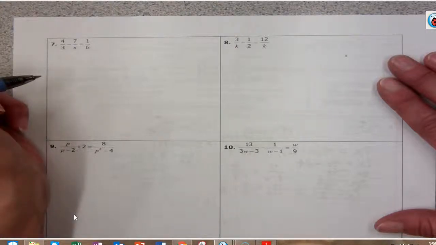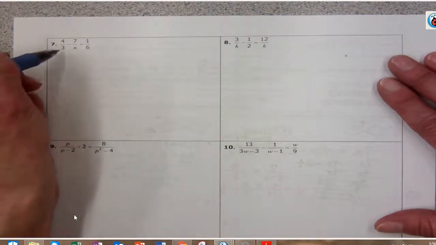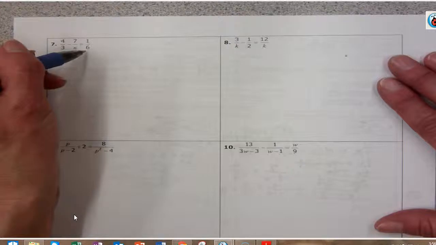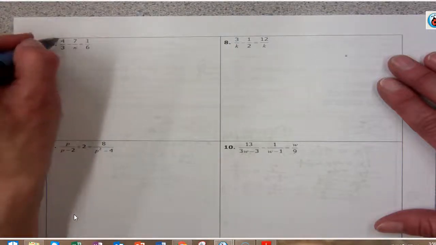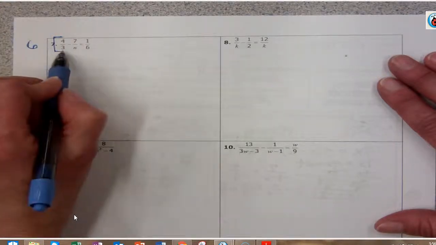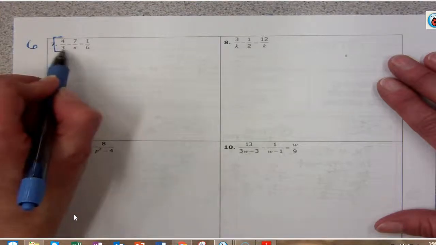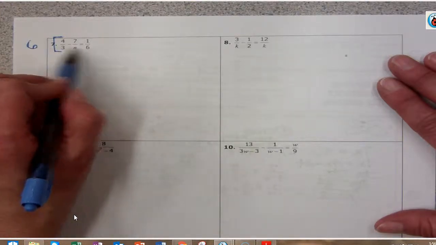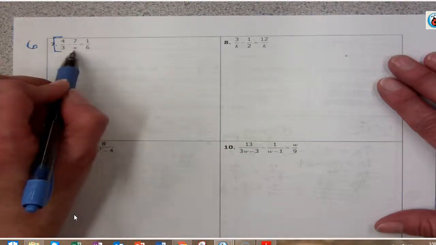I'm looking, this has a 3, this has an n, this has a 6. So I know if I multiply everything by 6, that will cancel this out to get 2, cancel the 6 out to get 1, but what about this n?